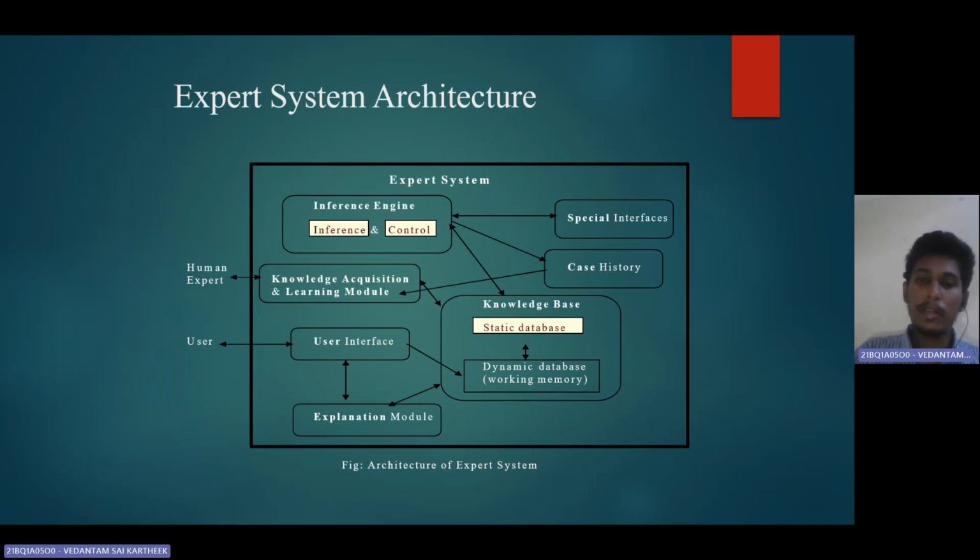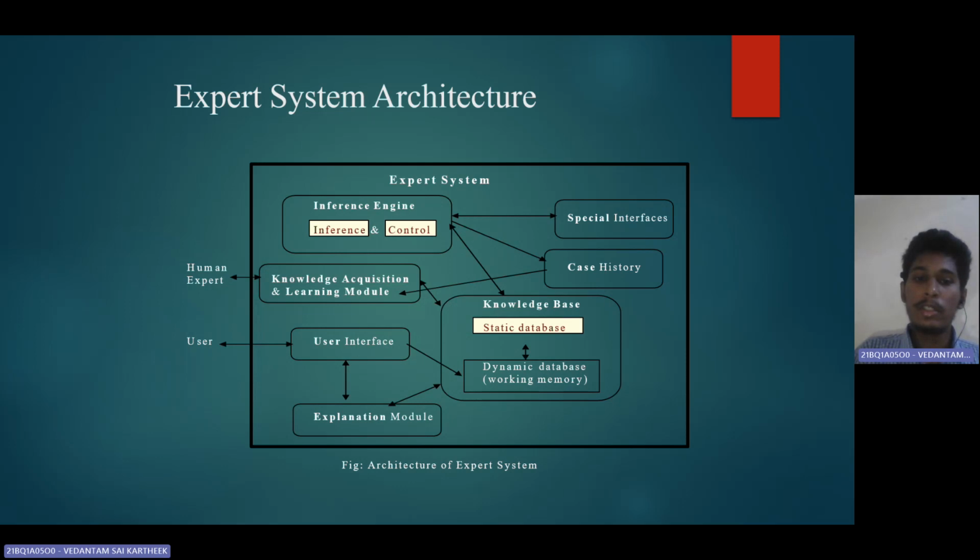The human expert will be giving input to the learning module, and the explanation module gives how the given answer is correct, that is, it gives the explanation for the output. That is the main responsibility of the explanation module.